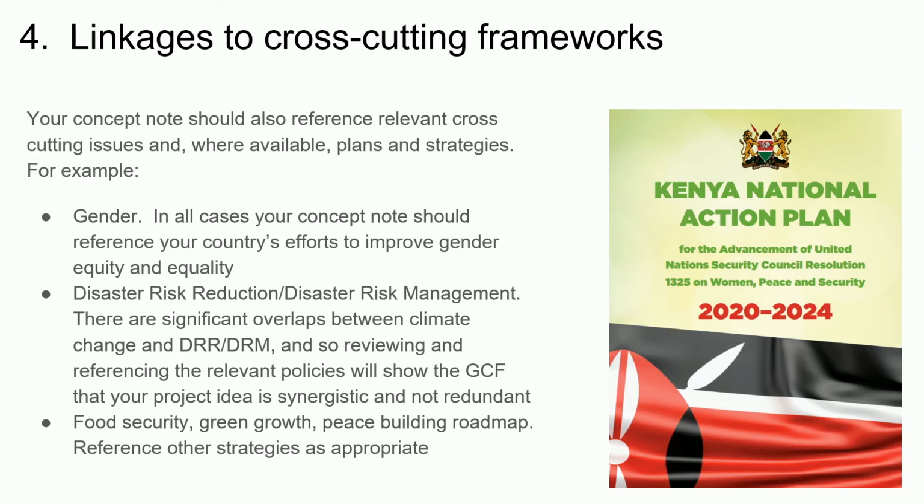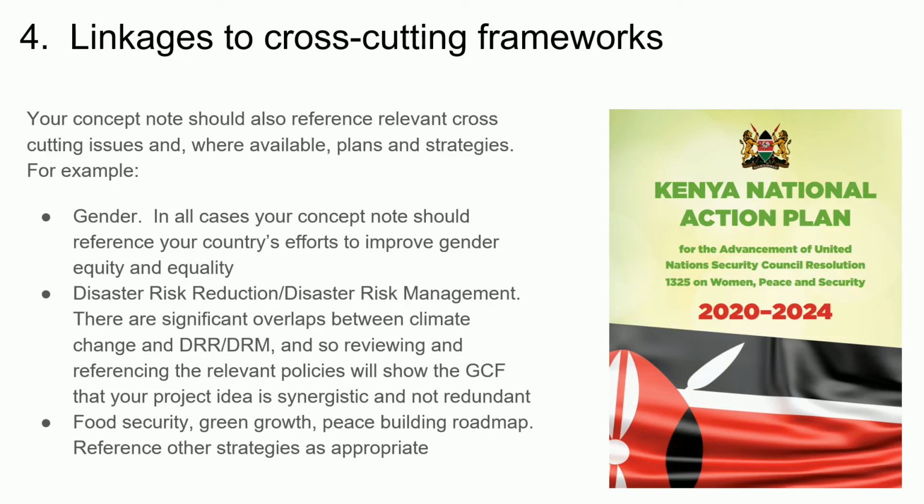But also disaster risk reduction and disaster risk management plans. There are a lot of overlaps between climate change and disaster risk reduction or disaster risk management. And so reviewing and referencing the relevant policies will show the GCF that your project is synergistic and not redundant.